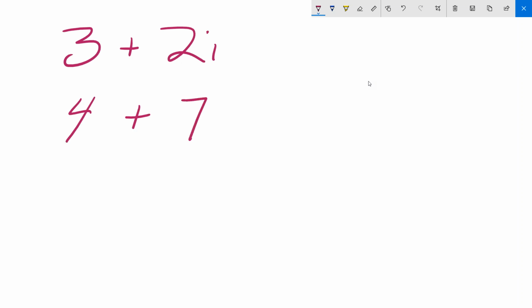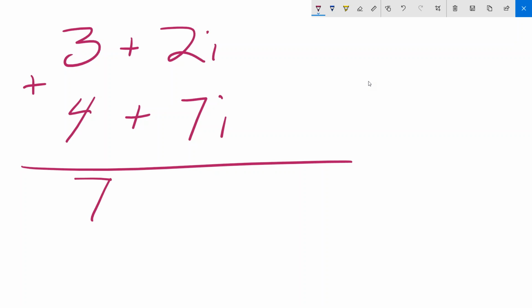And then the next one is explain how to add complex numbers and provide an example. Okay. Let me write a couple of complex numbers here. You tell me how you think they should add. You just add the real numbers and then add the i's together, just like you would add a variable. Exactly. That's the answer.